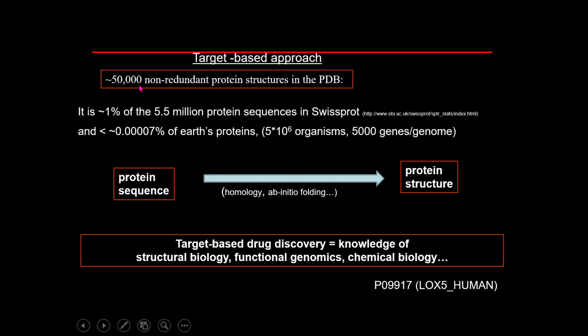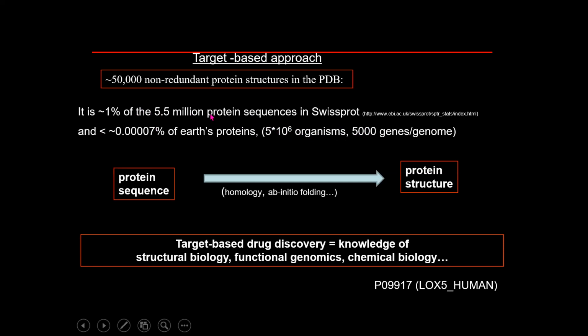And even this 5.5 million is very small when compared to the number of proteins on the earth, because there are so many organisms, 5 million organisms, and each organism may have about 5,000 genes. If you multiply that, there are so many proteins which we don't know.